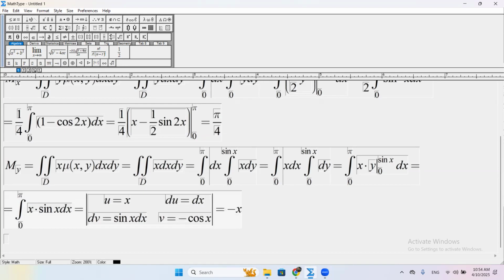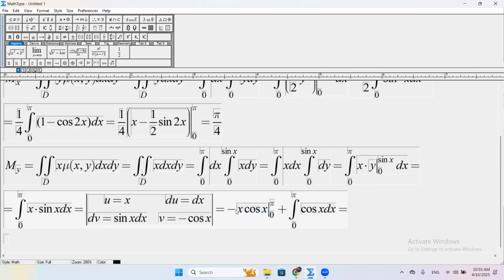So minus x cosine of x with substitutions from 0 to pi. Minus, yeah, actually plus, because we have minus here. So it will be integral of cosine of x.